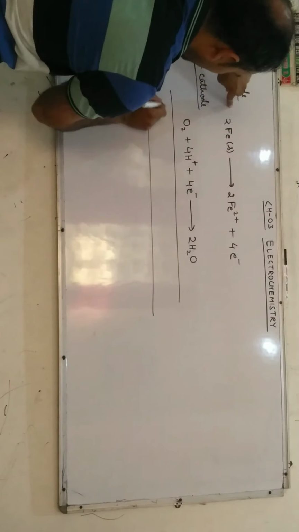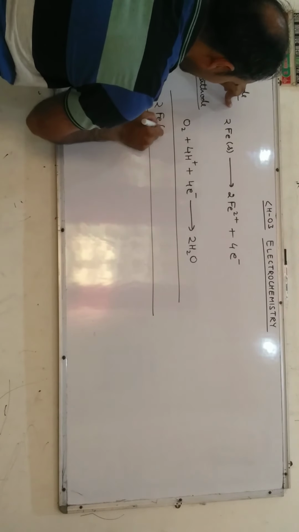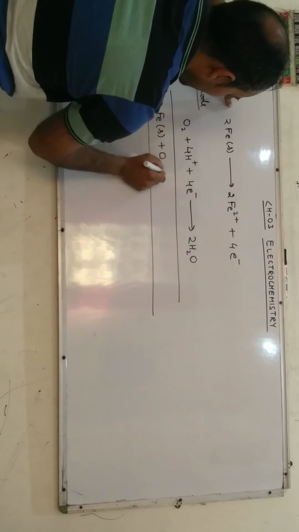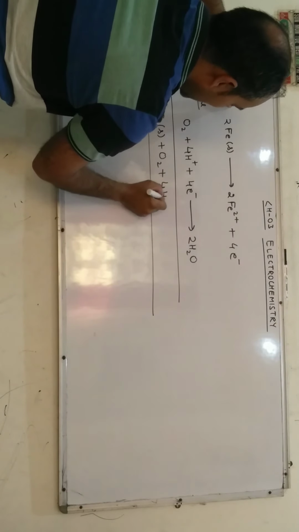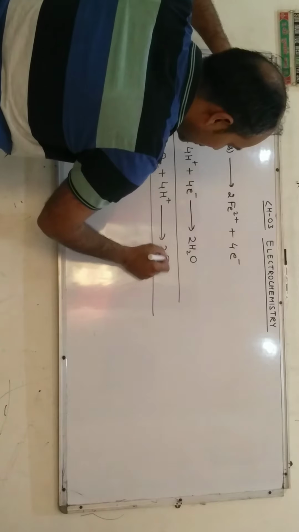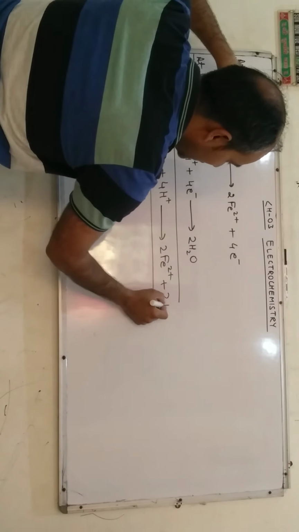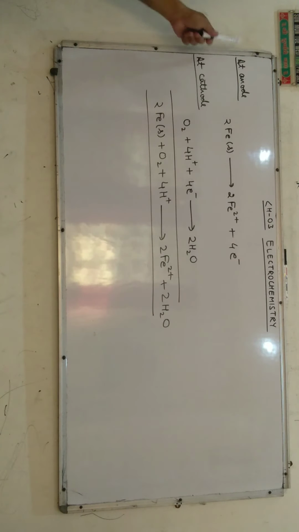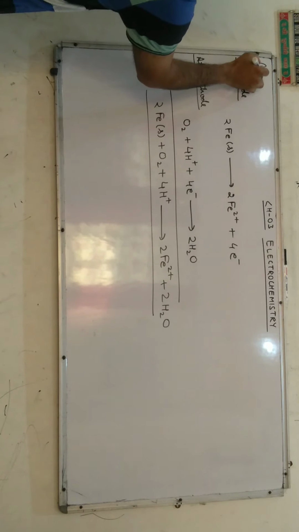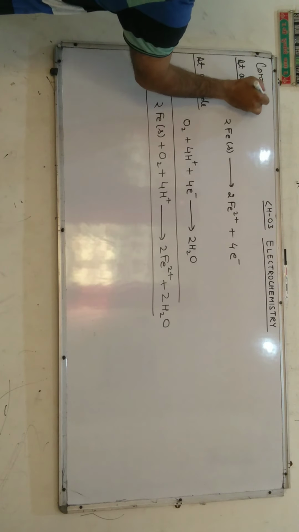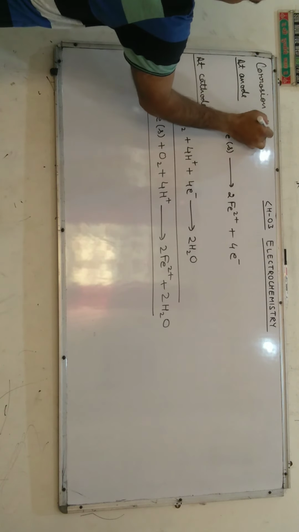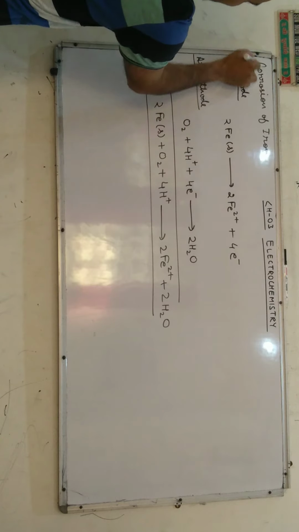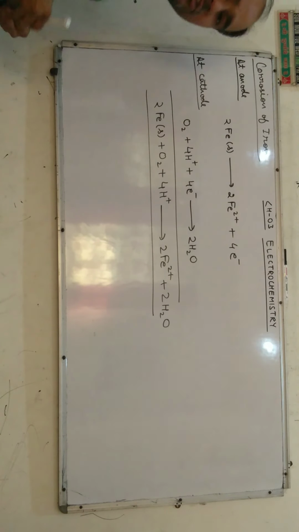We get 2Fe solid combined with oxygen along with hydrogen gives 2Fe2+ along with 2H2O. So these are the reactions that take place during corrosion of iron. These reactions are associated with corrosion of iron, or you can say rusting of iron.